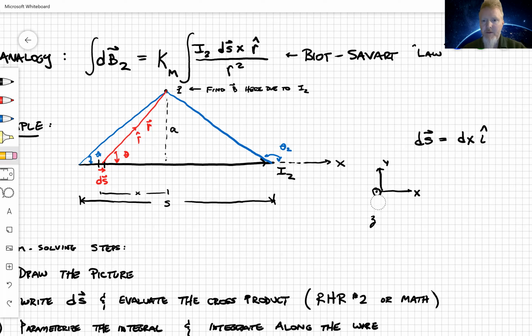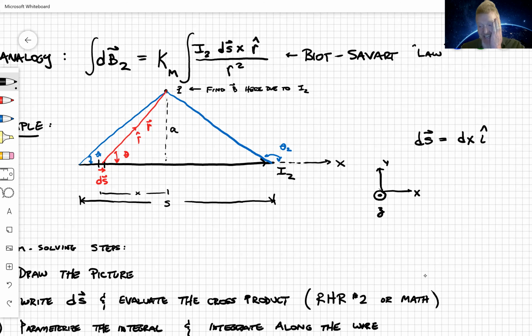In fact, I'll just get rid of that whole thing right there and just say z is there. Okay. So this is your right-hand coordinate system, right? You take x, curl with y, and thumb point z. That's your right-handed coordinate system.